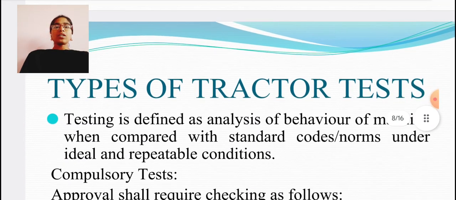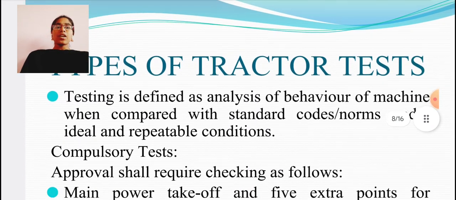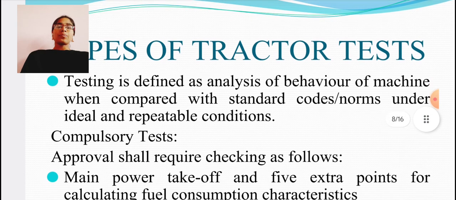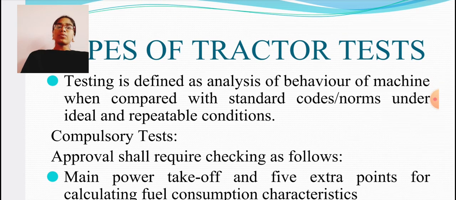And then coming to the types of tractor tests, tractor testing is very important before the approval of the machine. There are some standard codes and norms required for the checking of the tractor.